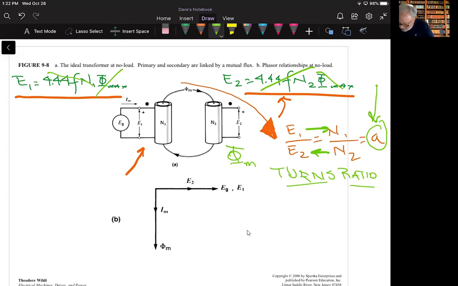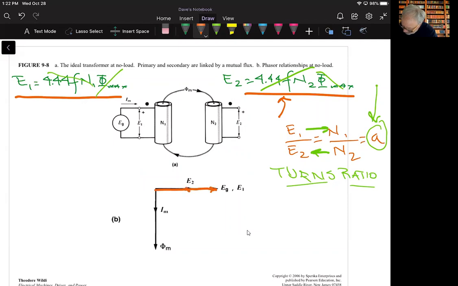Okay, and then along with that description, let me clean this up just a little bit here, and I want to point out these phasor diagrams that go along with this discussion and these equations. Notice that all of the voltages are in phase, right?